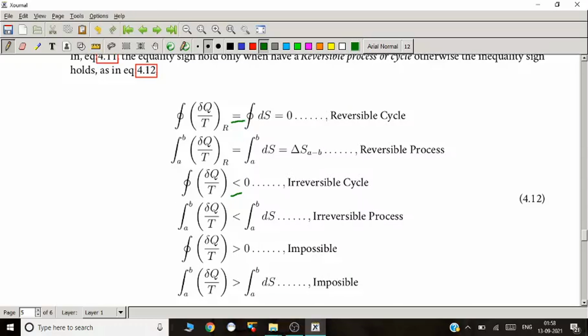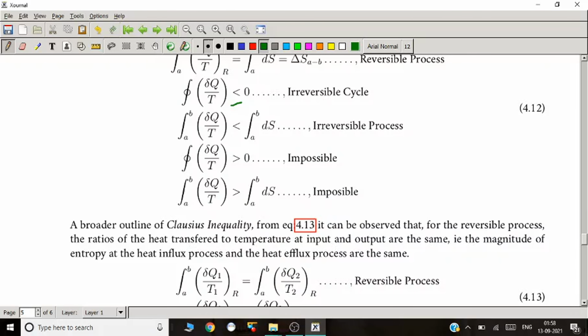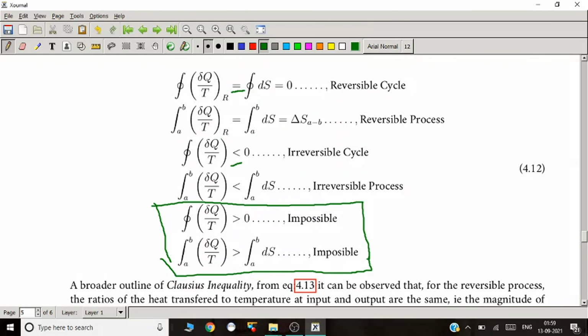The sign will never be positive: the cyclic integral of delta Q by T will never be greater than 0, and the integral of delta Q by T will never be greater than delta S.